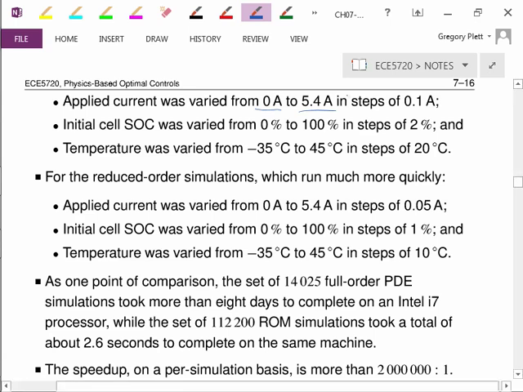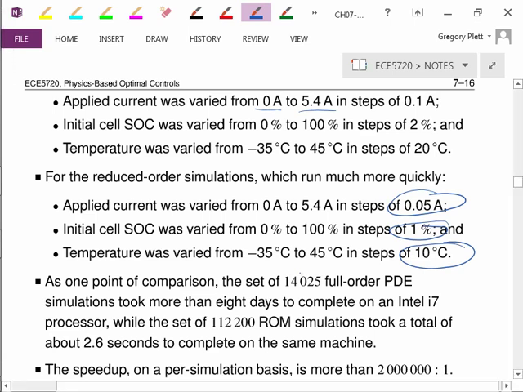The reduced order model ran a lot more quickly, so we could do more simulations. So we had the same range, except we did twice as fine steps of applied current and twice as fine steps of SOC and twice as fine steps of temperature. So basically 8 times as many simulations were done of the reduced order model as we did of the full order model.